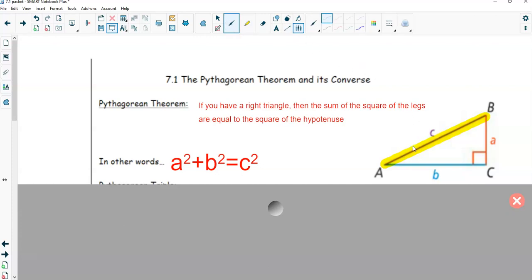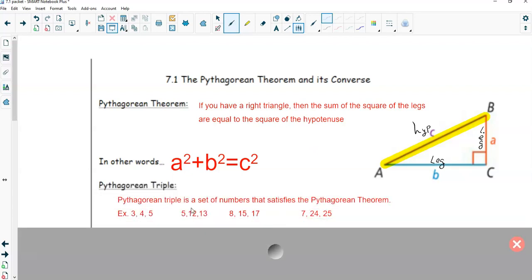The other two are the legs. This is a leg right here, and this is also a leg. So it has two legs, and then the hypotenuse right across from the 90-degree angle. This is always the longest side. So make sure you can identify the parts of the right triangle.